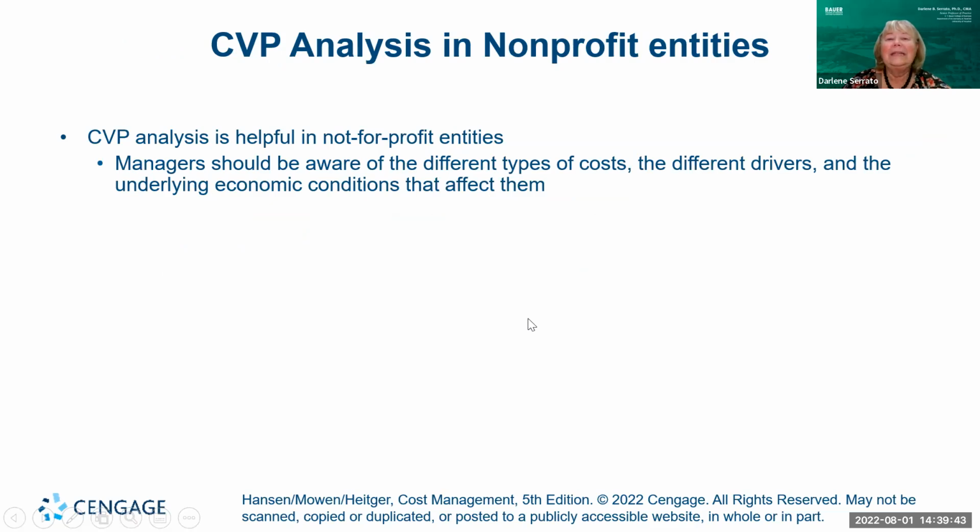So non-profit entities may also use CVP analysis. So nonprofit would be like United Way. How many dollars must we be able to collect to be able to cover all of our costs?